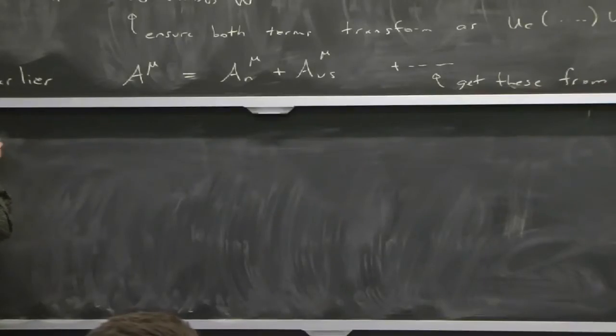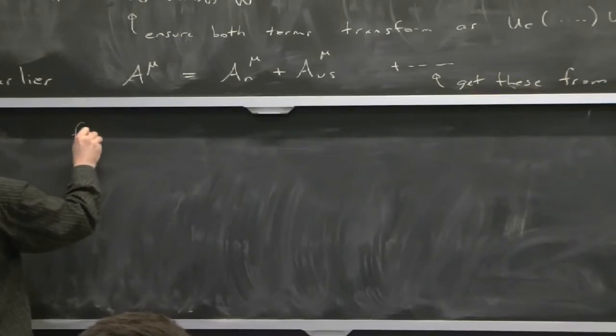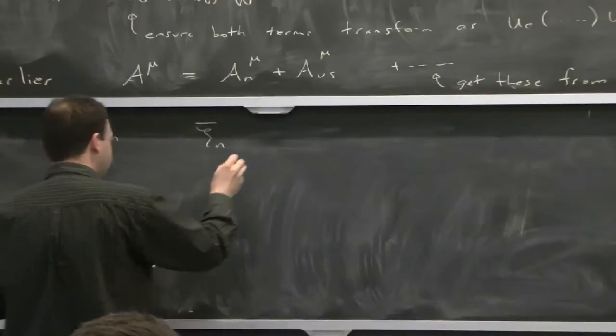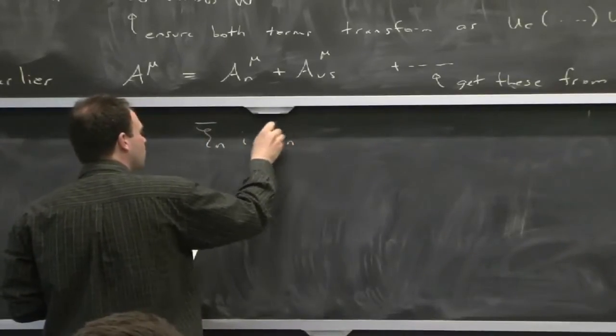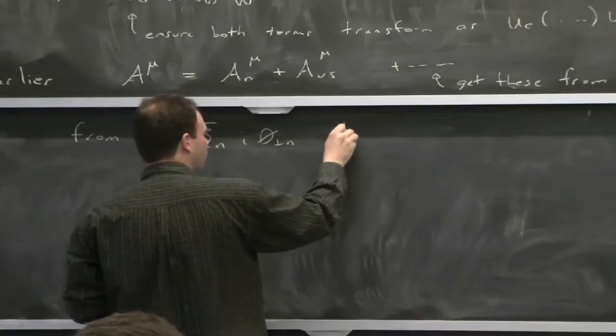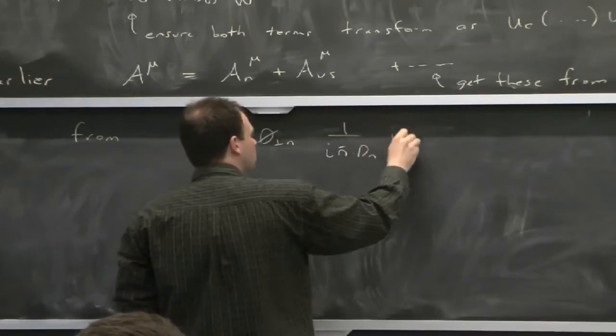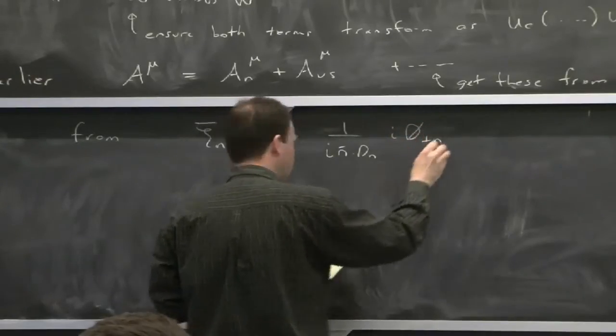OK, so let's do one example of a subleading term. So we had an operator that involved covariant derivatives that were collinear. This one.